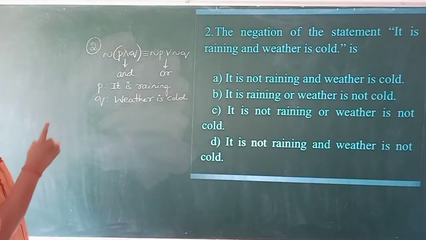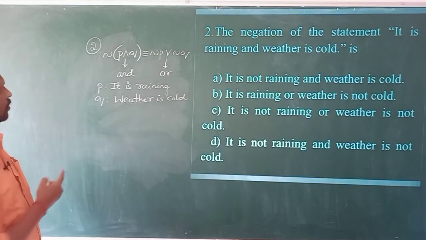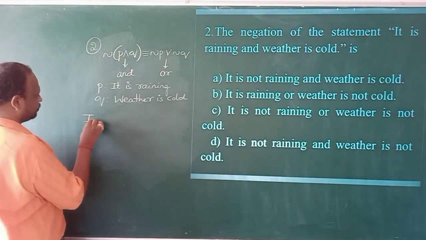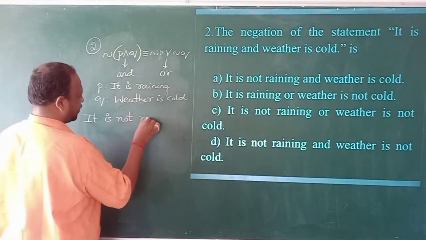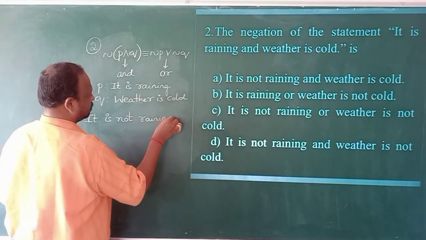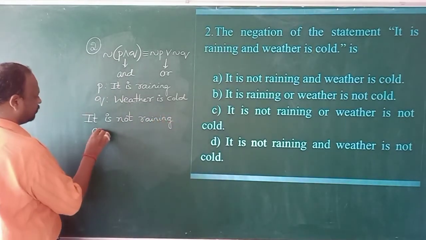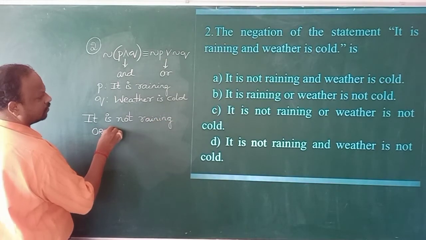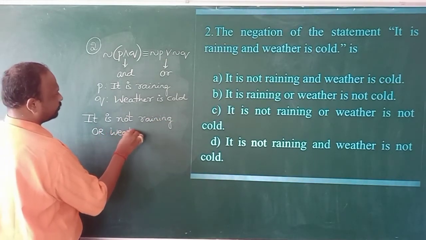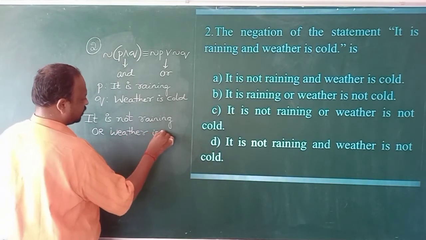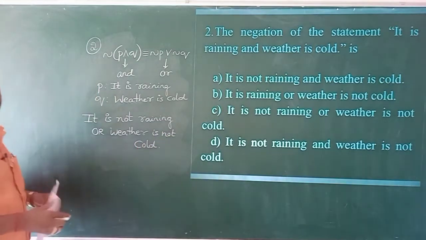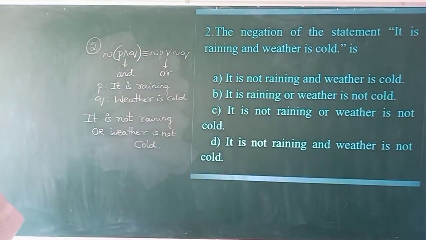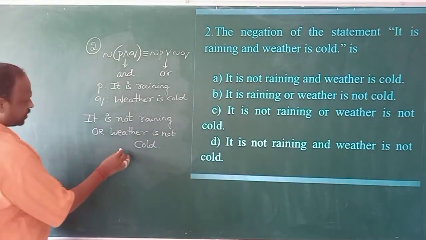So therefore the negation P or negation Q: it is not raining or weather is not cold. So you can observe, it is not raining or weather is not cold. Option C is the answer.